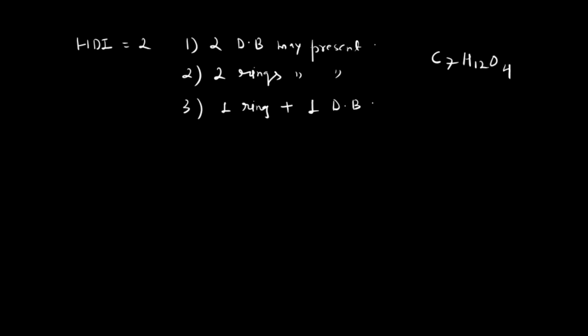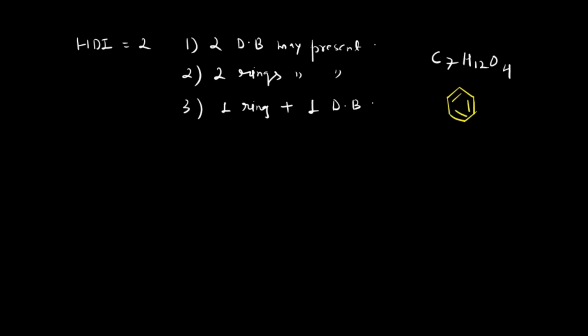C7H12O4. Now you may think that since 7 carbons are here, there may be a possibility of a benzene ring for this particular formula. But we can check whether the benzene is probable or not. For this, we need to draw the structure of benzene.